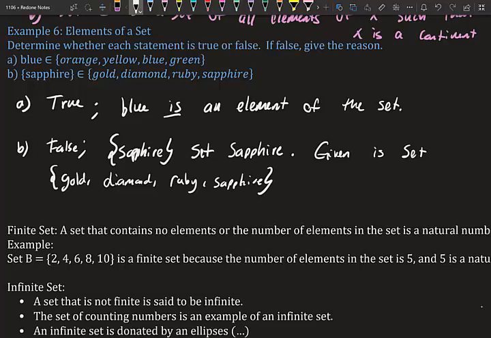Now, set sapphire is not inside set gold, diamond, ruby, sapphire, because you're saying that the set has to be in the set. Sapphire is just an element of a set, not a set itself.